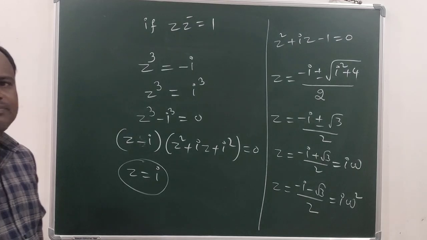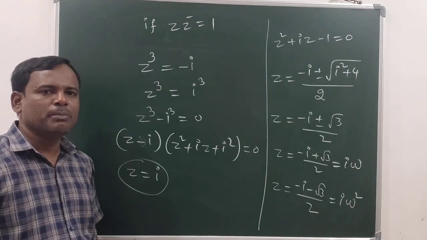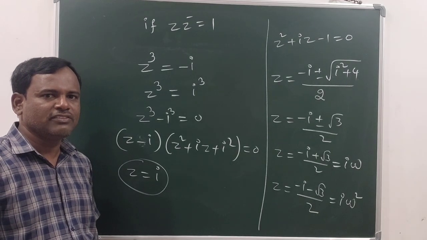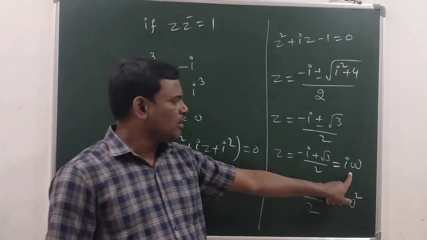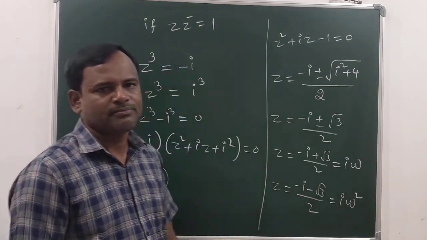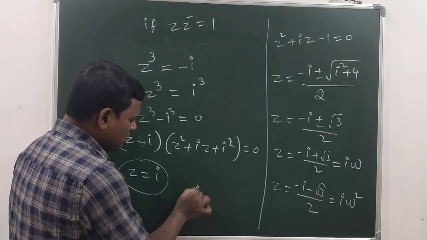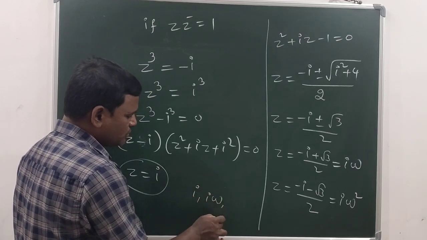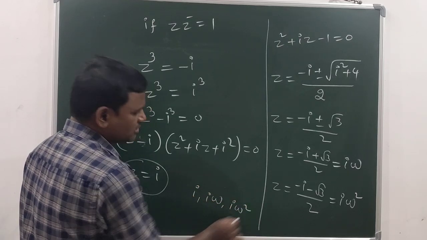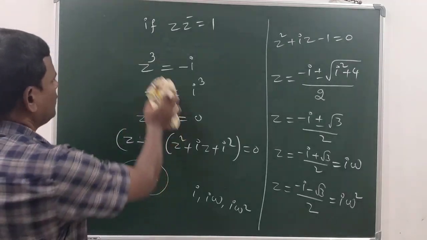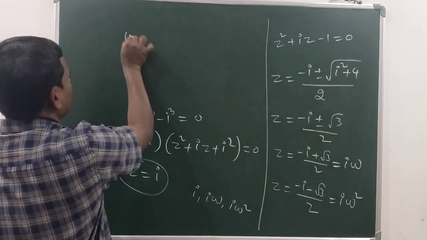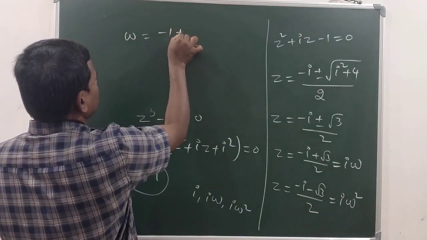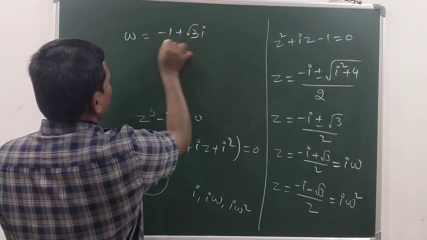Okay students. So how many complex roots have we got for this equation? 3. Here we found one, Z equal to i, and here i omega and i omega square. So these are the 3 complex roots: i, i omega and i omega square. If you want, you can check it here: omega value is (minus 1 plus root 3 i) by 2.